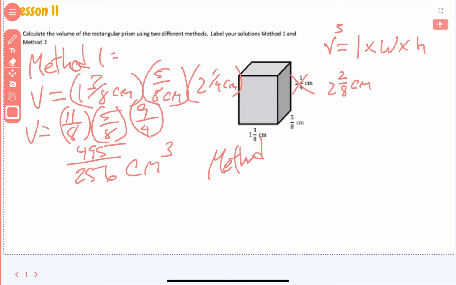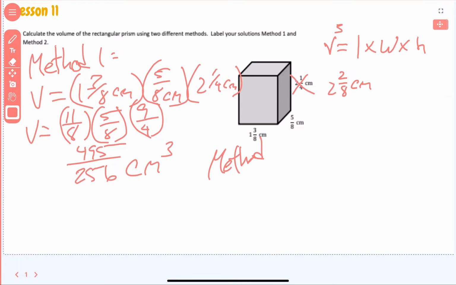Have a common denominator. Now, the whole thing here would be how many 8ths cubes can we have? So an 8th by an 8th by an 8th. How many of these cubes can we have to go in this box? Okay? How many 1/8 cubes? So 1/8, 1/8, 1/8 cube.